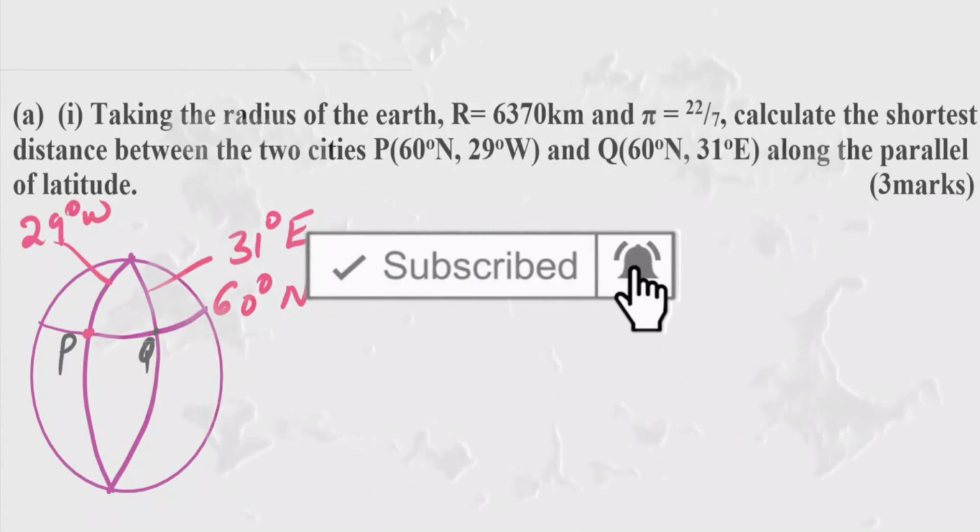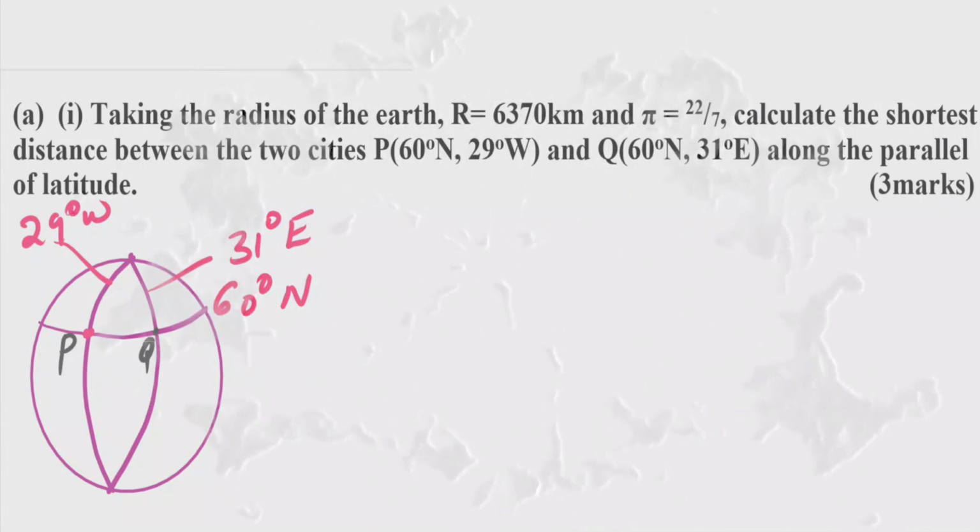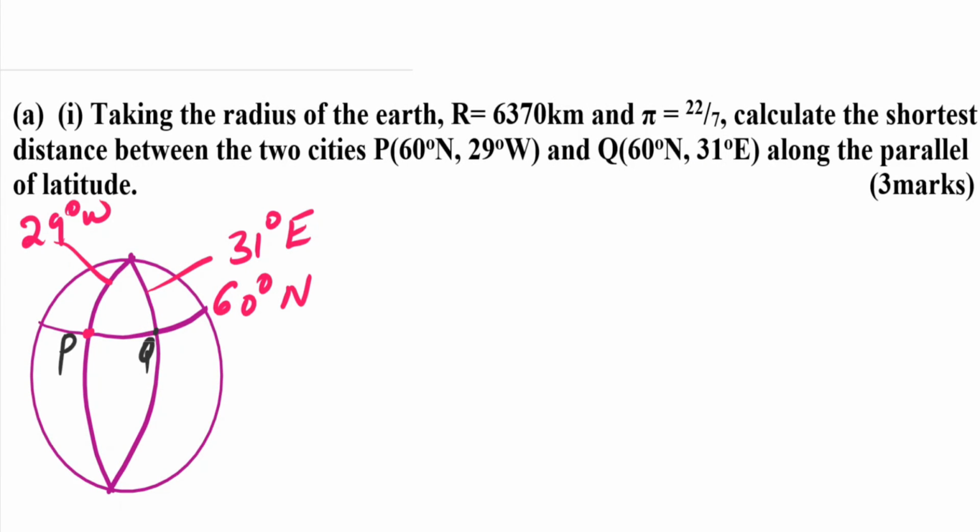So we're supposed to get the distance between P and Q along the parallel of latitude. So that distance PQ is the distance along the small circle.